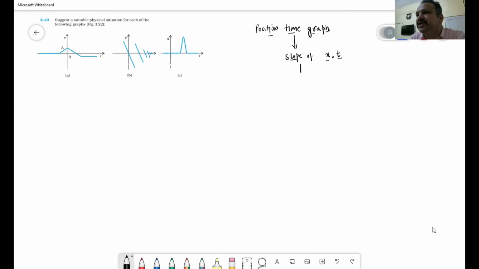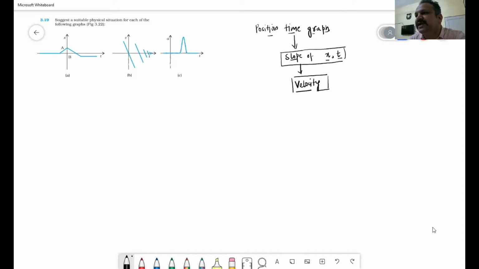So the slope of the position time graph gives us the velocity. This you must remember, the velocity is nothing but the slope of the position time graph.